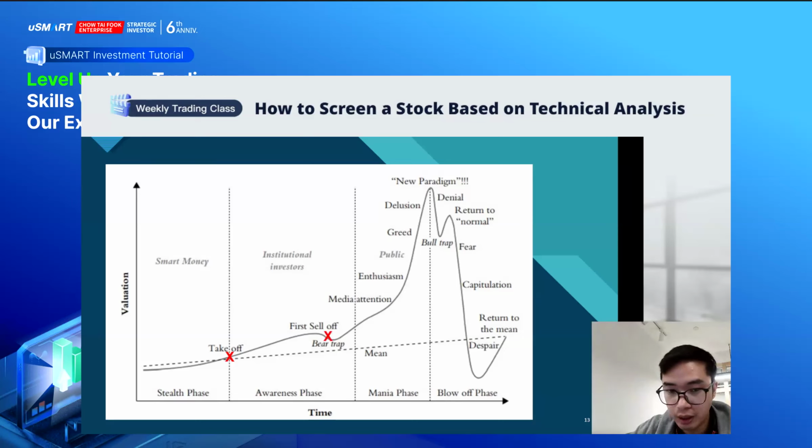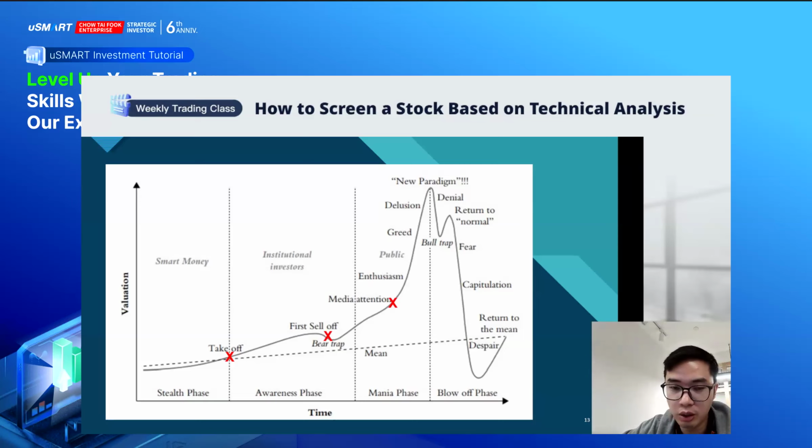Then the awareness phase, when institutional investors come in, maybe when Nvidia is around $30 to $40. And then the mania phase, when there is media attention, the price will usually be very far from the bottom already.